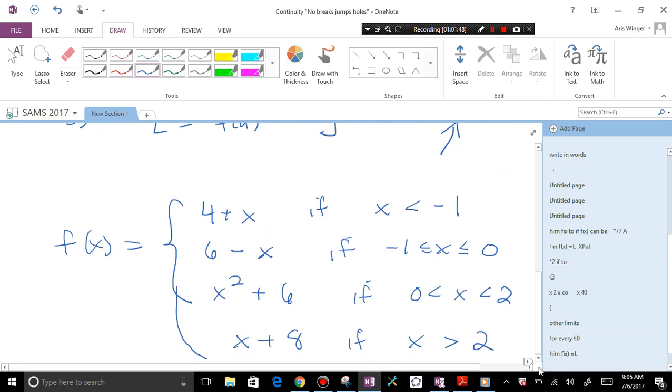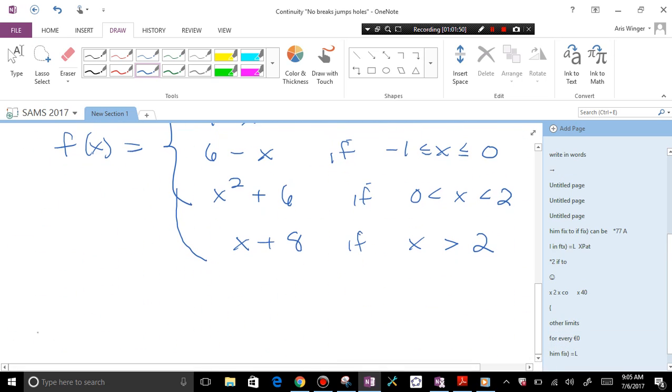Let's talk about the types of discontinuities. When the limit from the left is not equal to the limit from the right, this one is a jump for sure.